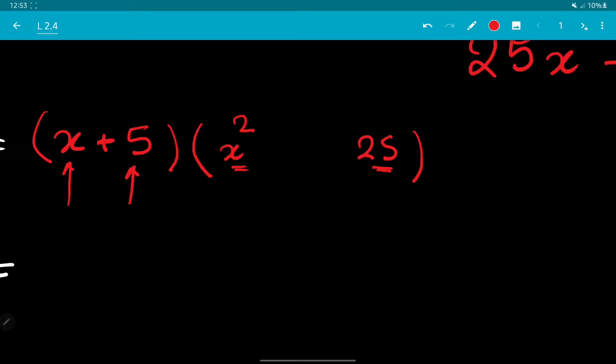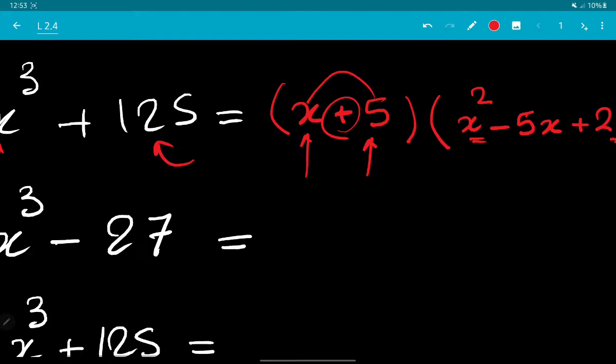We need the third term, and you can get this by multiplying the first and the second terms to be 5x. Now the signs. The last one is always positive, but the second one here, it depends on the first sign. So if this is positive, this should be negative. If this is negative, this should be positive.